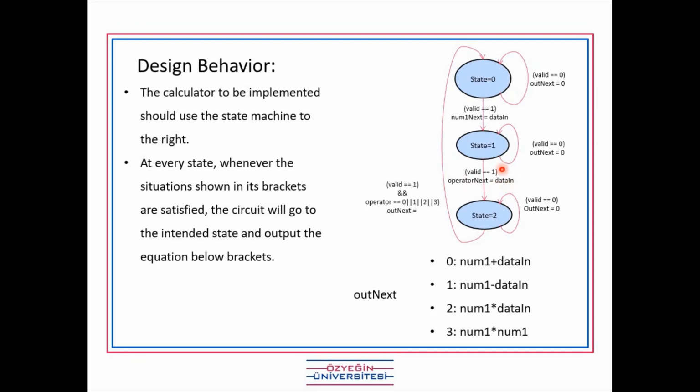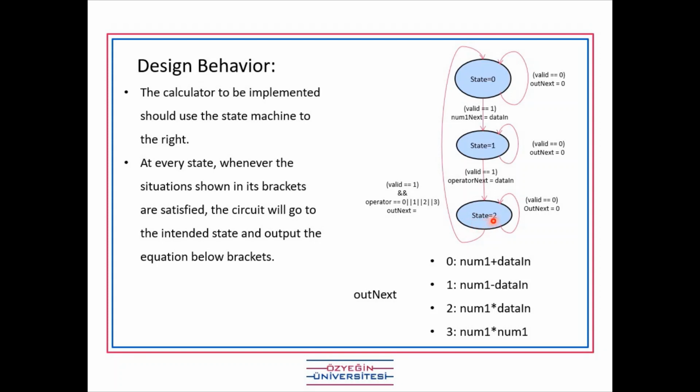Data in is always providing. So when valid is pressed at state 1, we take data in and save it as operator, and then we go from state 1 to state 2. So at state 2, what do we do? If we are at state 2 and valid is 0, we do nothing. We go back to itself and output is still 0.